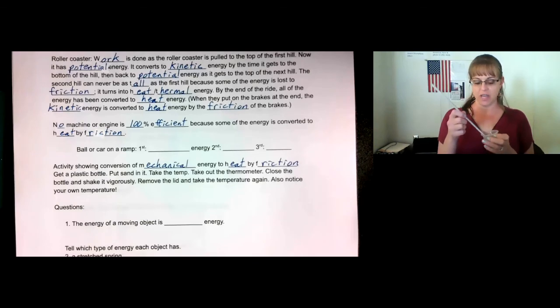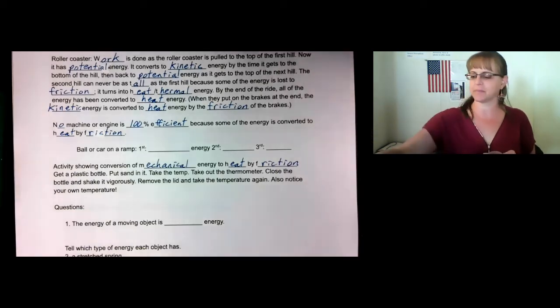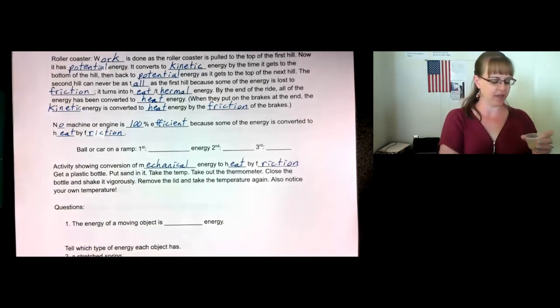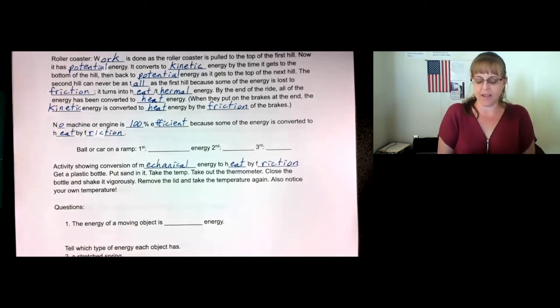I have here a container with some sand in it. I'm taking the temperature of it, and it's 16 degrees Celsius. 20 to 25 Celsius is room temperature, so it's a little bit cold. I'm going to put the lid on, and then for 1 full minute, I'm going to shake this sand.